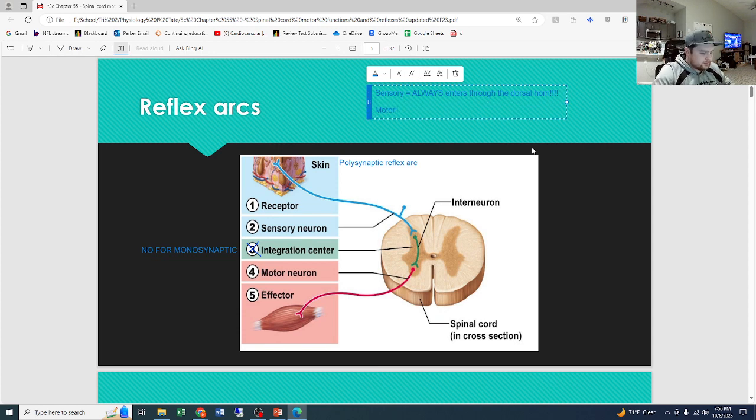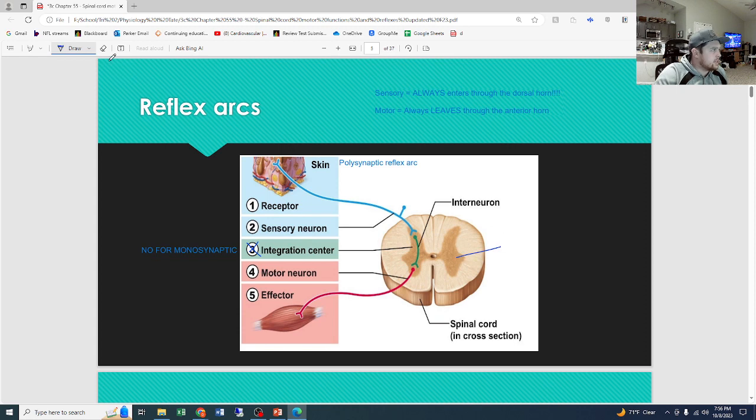Our motor always leaves through the anterior horn, and specifically, we're talking about the anterior horn of the gray matter here. The inside, this little butterfly, is the gray matter. The outside portion is the white matter.